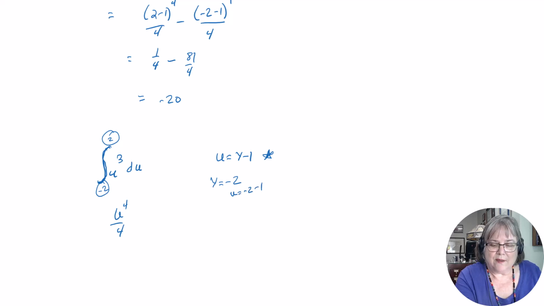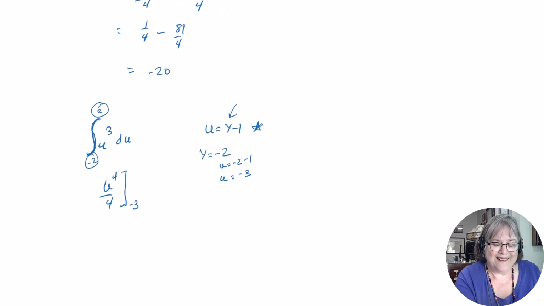We're going to substitute it in here. So u is -3. So this -2 becomes a -3. You okay? And then for the upper limit where y was 2, we're going to substitute y in right here, 2 minus 1. So u is 1. So this becomes a 1.